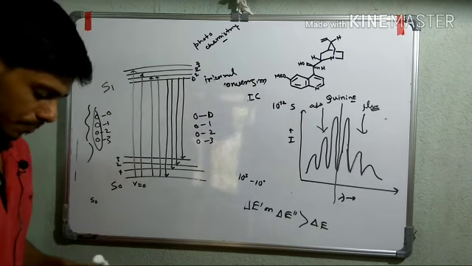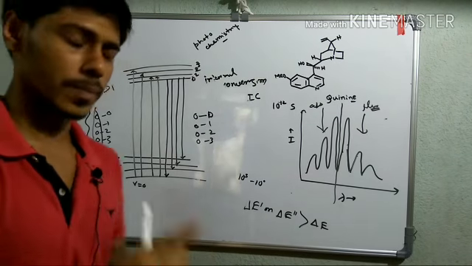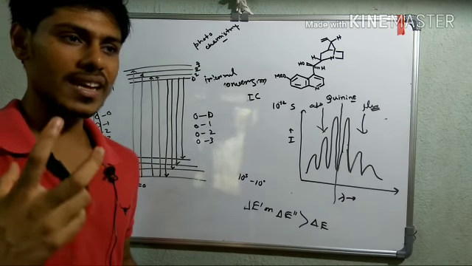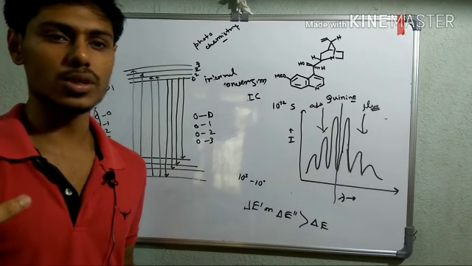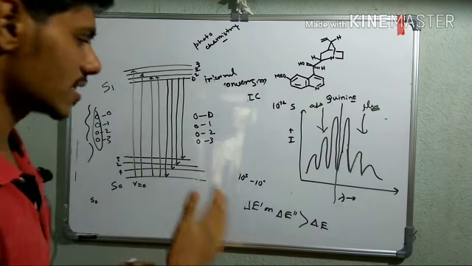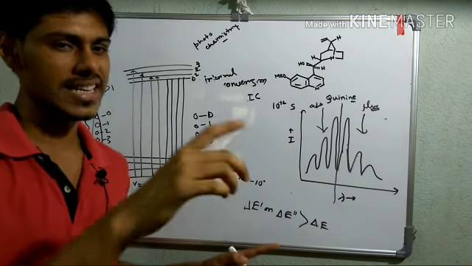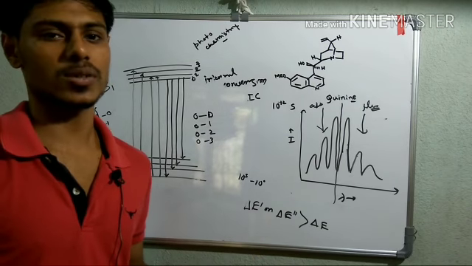Now we have to discuss another principle, the Franck-Condon principle, which says that during the electronic transition there is no change in the nuclear position of the molecule, or no change in the geometry of the nucleus. We already said that fluorescence is a very fast process, occurring at a rate of about 10 to the power 8 per second.